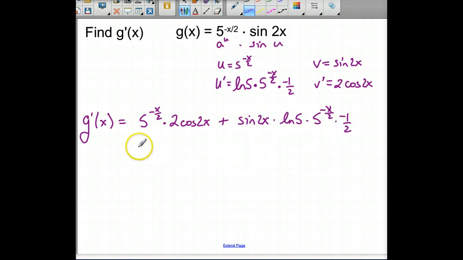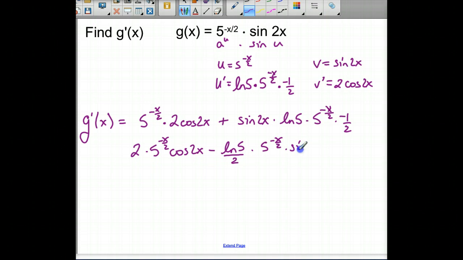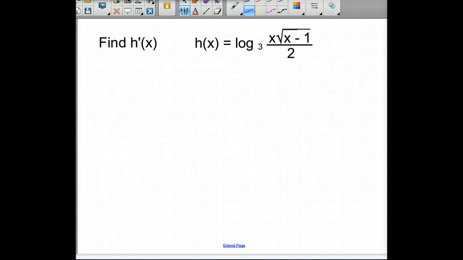So I guess I would write 2 times 5 to the negative x over 2 times cosine 2x minus natural log of 5 over 2, because those are the constants, natural log of 5 and negative 1/2, times 5 to the negative x over 2 times sine of 2x. The back of the book might factor out 5 to the negative x over 2, but I don't know. So that's your final answer. It looks ugly, but that's how you do it.